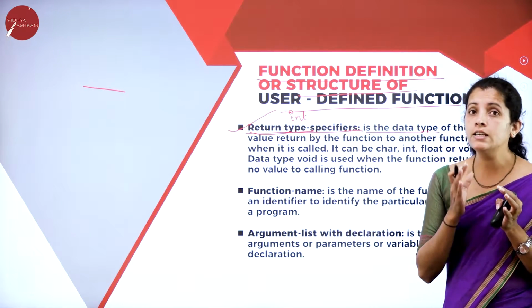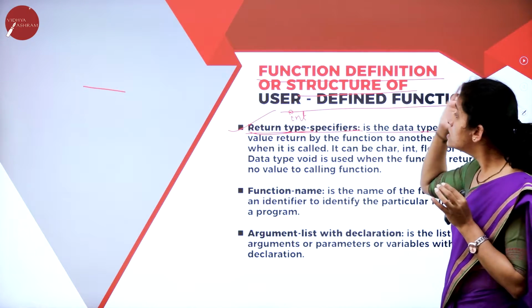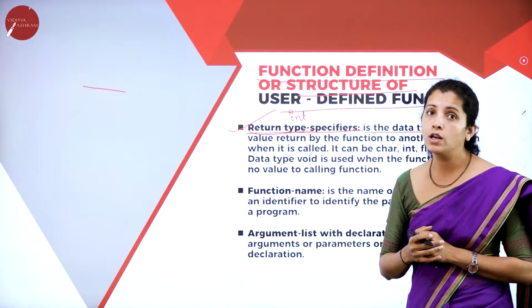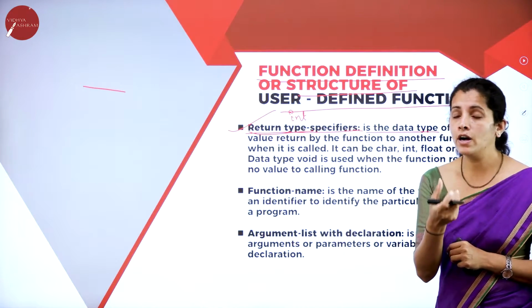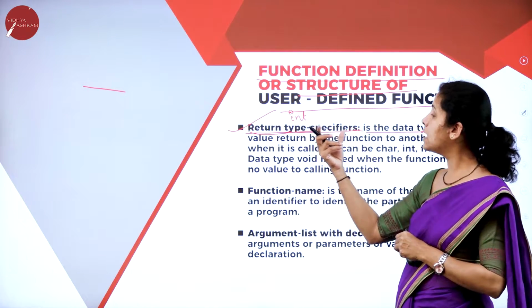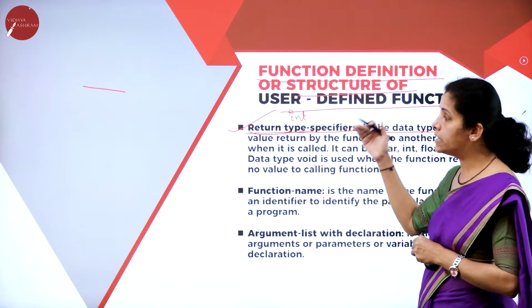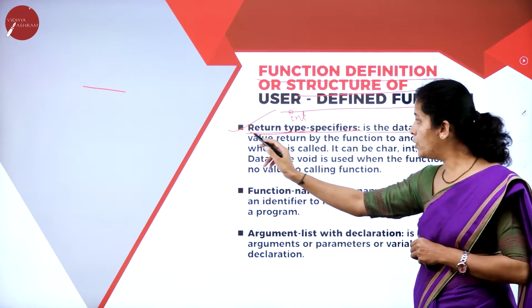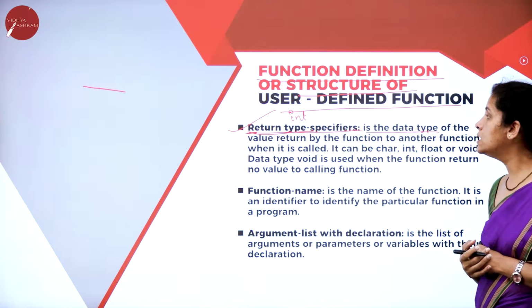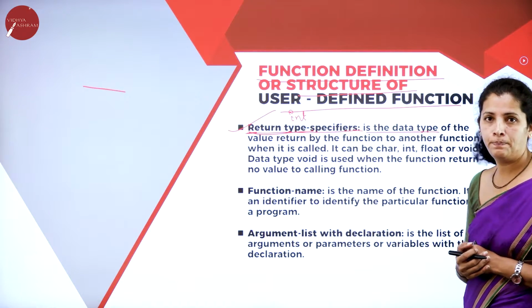If my function is going to return some floating point values to the calling function, then what is the return type specifier? It is float. So based on the return value, we are going to write the return type specifier.